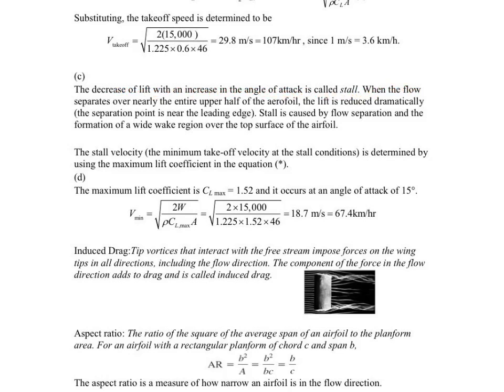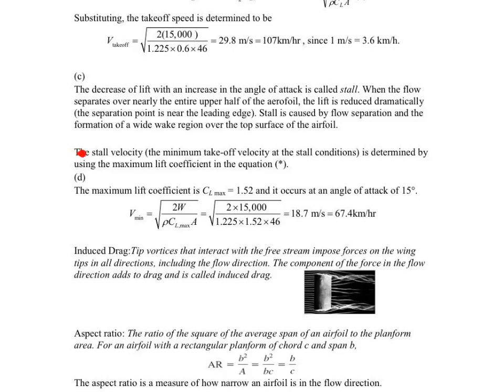When the flow separates over nearly the upper half of the aerofoil, the lift dramatically is reduced. The separation point is the separation between the fluid stream and the geometry of the aircraft at the leading edge.